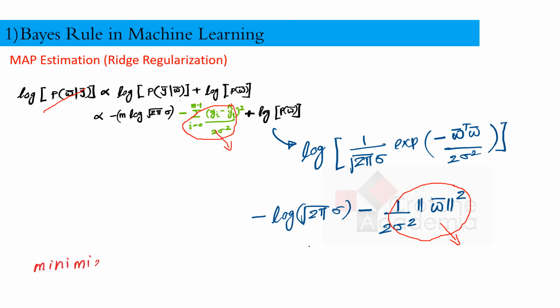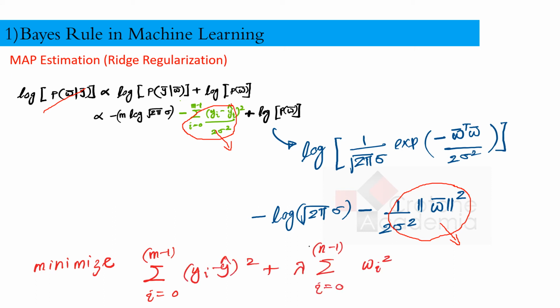So that means we have to minimize the sum of squared differences plus the sum of squared weights. Here you have to understand, we got the sum of squared weights because we assumed a Gaussian prior. If we assumed a different distribution as our prior, or the distribution of our weights, then we will get a different term as the second one.